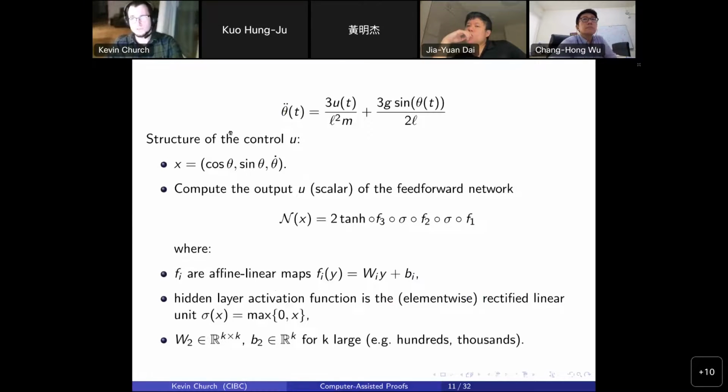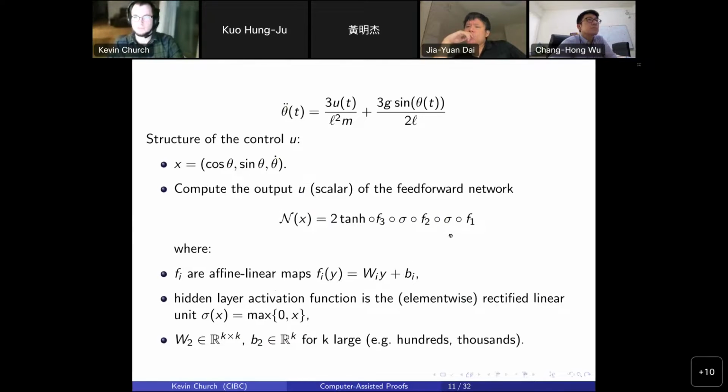For this particular problem, because that's how it's been set up, you take the angle theta, compute cosine, sine, and the derivative of the angle. Because this is a second order ODE, the derivative is available for evaluation. Then we take that information and compute an affine linear map applied to that vector in R3.